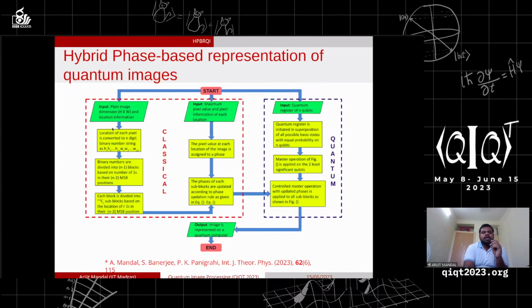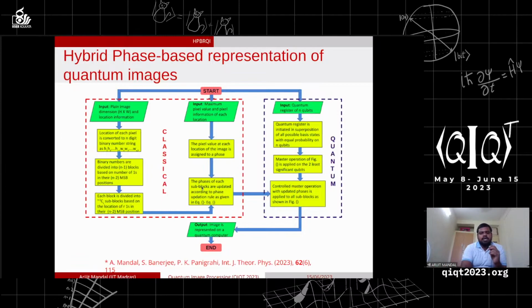Now in the first channel, it will read the location information, split it into a binary string, and make some blocks and subblocks. What the requirement of blocks and subblocks is and how they can be prepared, I will explain in the next slide. But these blocks and subblocks are required for HPBRQ images, and after preparing them, this data will be sent to this channel. In this channel, first the initial phases of the image are recorded.